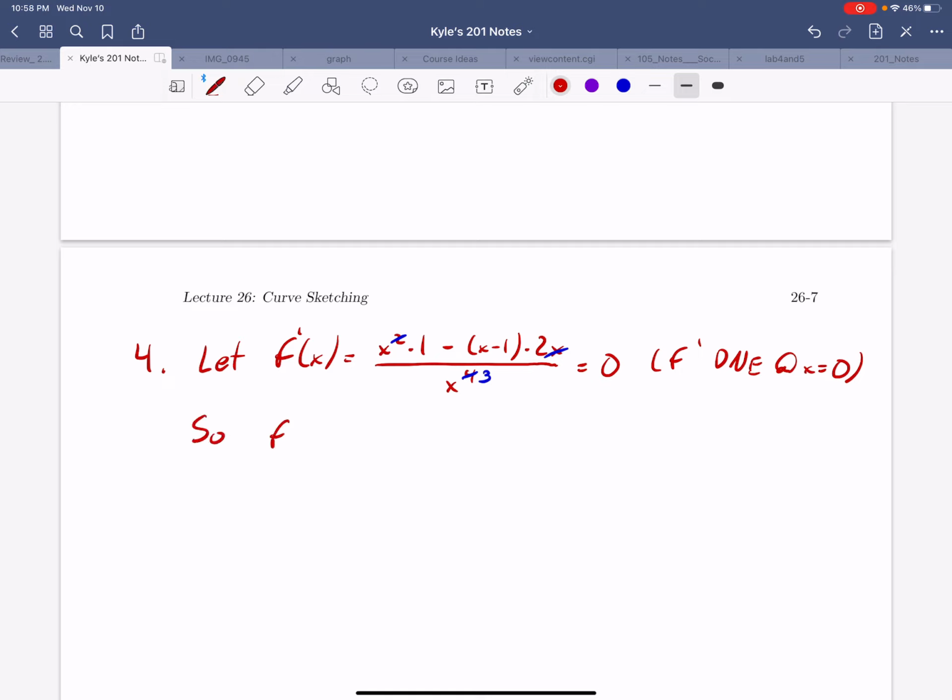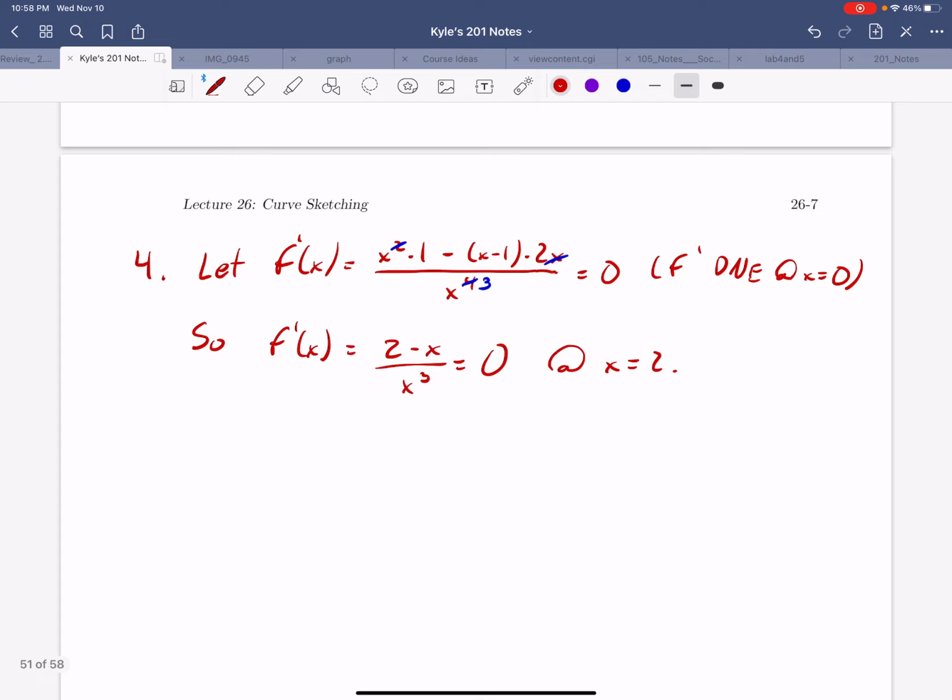So again, f prime of x, just want to clean this up a little bit. This is going to equal x minus 2x plus 2, so I think that's 2 minus x over x cubed equals 0. I think it's pretty clear that it equals 0 at x equals 2.